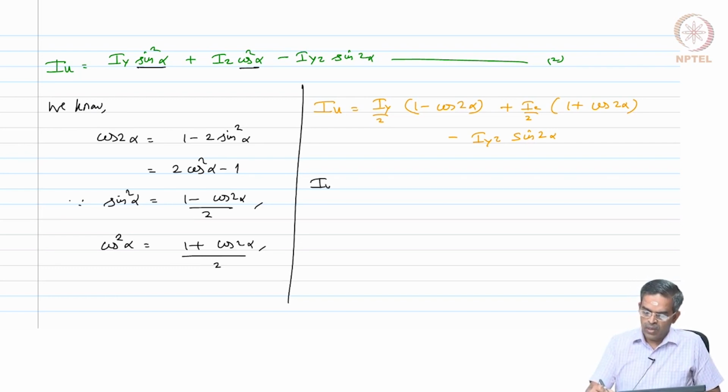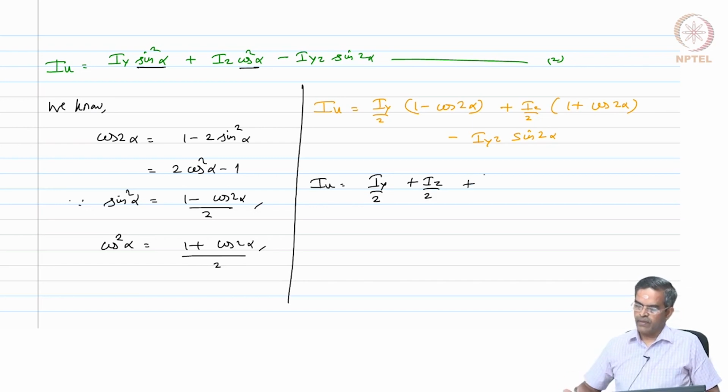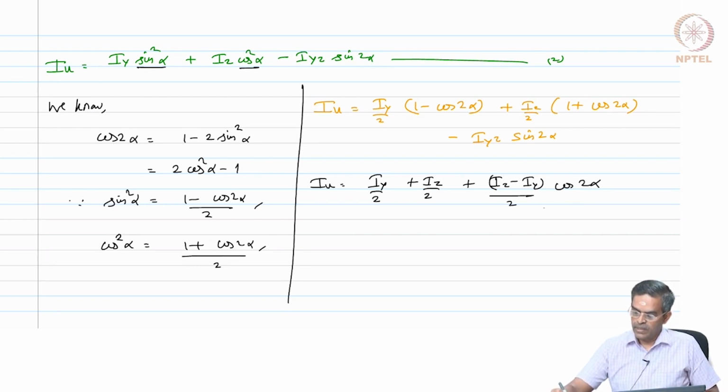So, I can say now IU is IY by 2 plus IZ by 2, plus IZ minus IY by 2 cos 2 alpha, minus IYZ sin 2 alpha.